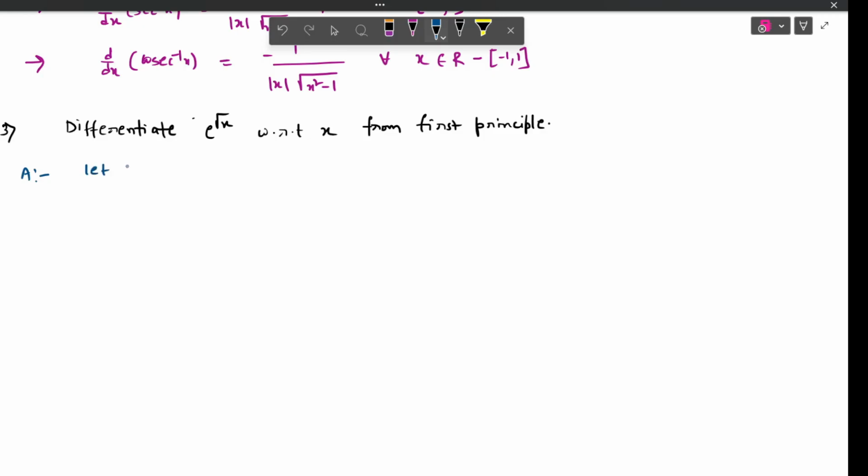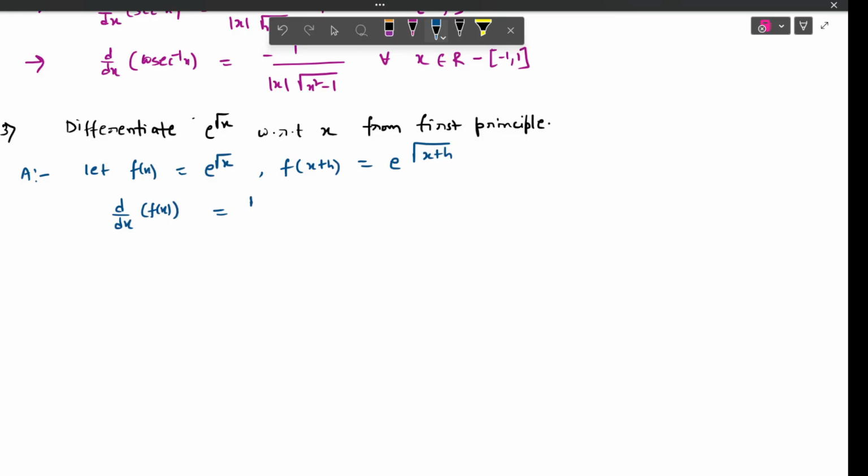Let f of x equal e to the power root x. Then f of x plus h would be e to the power root of x plus h, in place of x you have to put x plus h. Now you have to find d/dx of f of x.